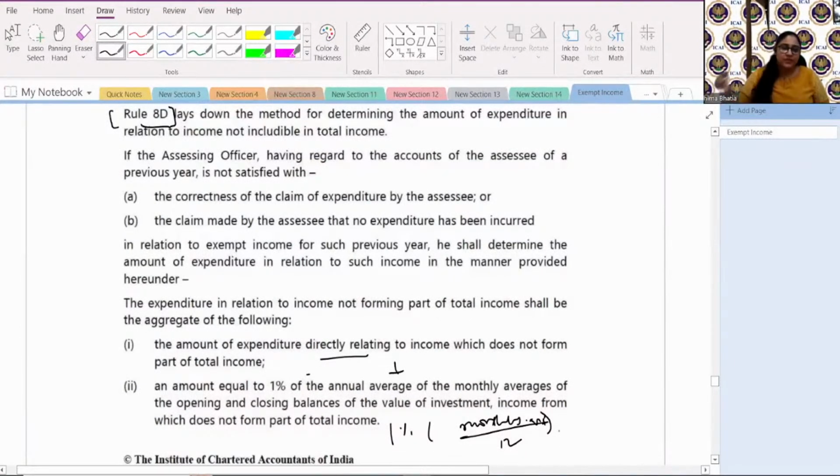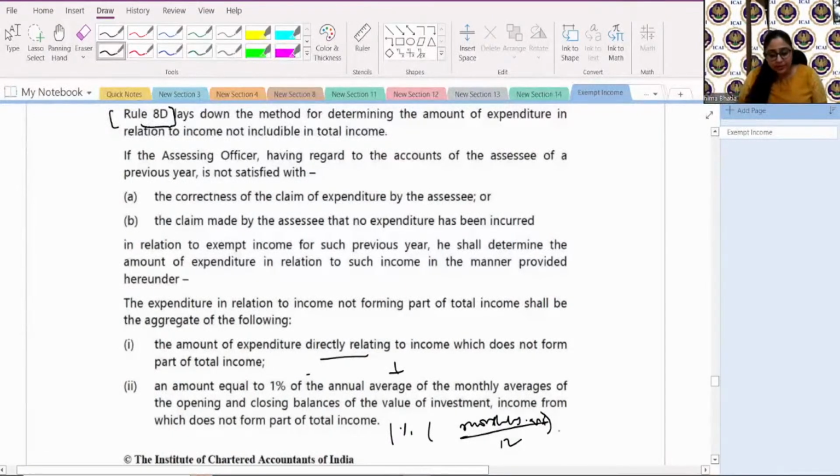So suppose some investment is being made, जिससे कुछ income which is coming is not taxable. So that investment का 1% would also be disallowed. 1% would be calculated of investment based on the annual average, based on the monthly average, which is coming from opening and closing. Uska part would also be disallowed.